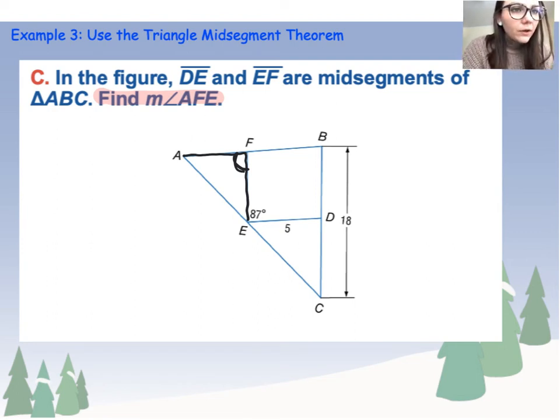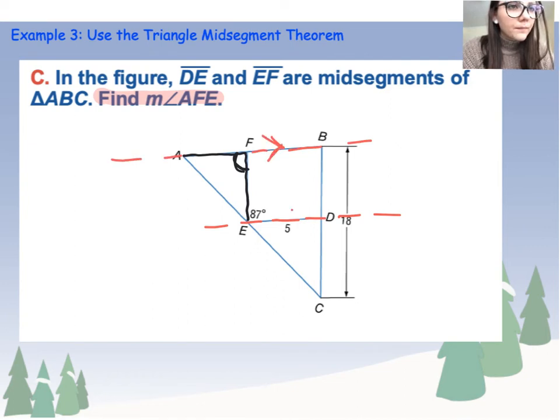If I look at one of my mid-segments, segment DE, I'm going to extend segment DE here. I know it's parallel to segment AB here. And then I know that segment FE would really act as my transversal.